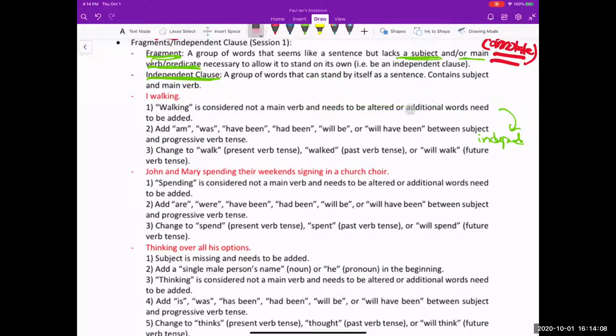We'll see that here. That's why they go together, because both of them can't stand alone as a sentence.